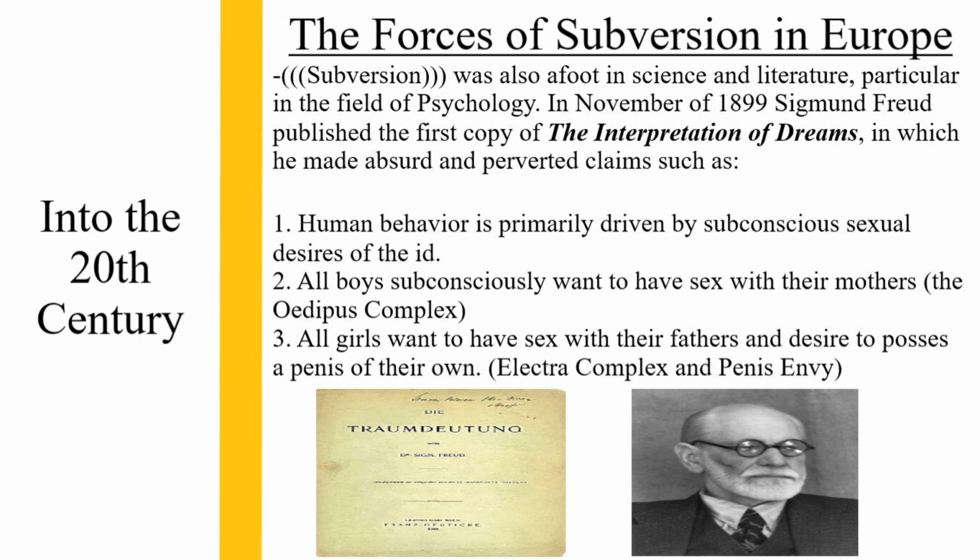In November of 1899, Sigmund Freud published the first copy of The Interpretation of Dreams, in which he made absurd and perverted claims such as, human behavior is primarily driven by subconscious sexual desires of the id, all boys subconsciously want to have sex with their mothers, which is called the Oedipus complex, and that all girls want to have sex with their fathers and desire to possess a penis of their own, which are called the Electra complex and penis envy, respectively. These are disgusting, degenerate, perverted ideas from the man you see in the bottom right-hand corner of the slide, and so they've been largely discredited.